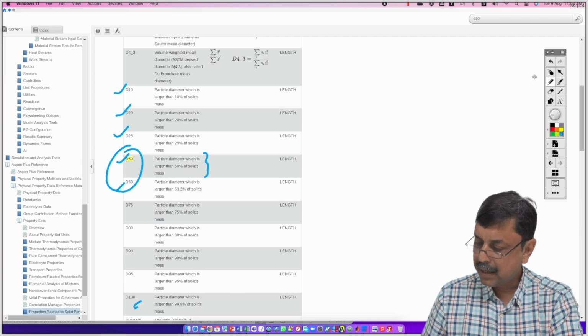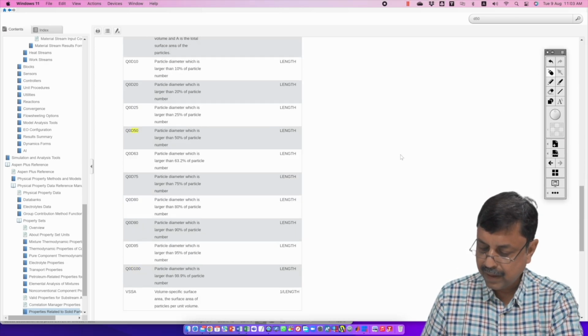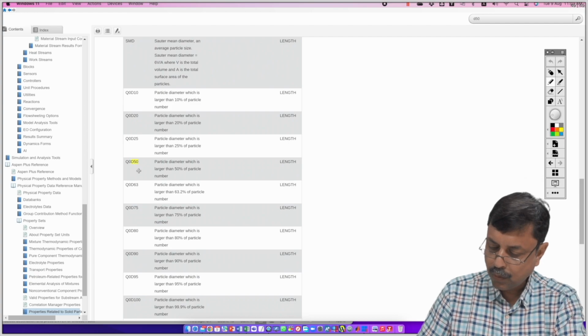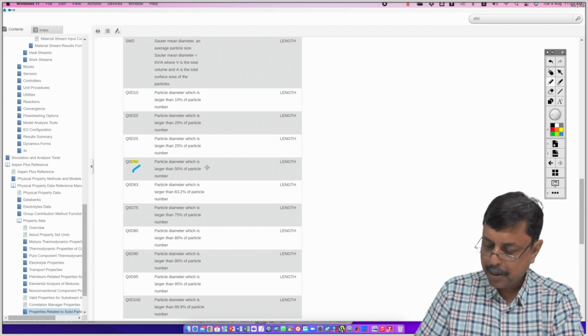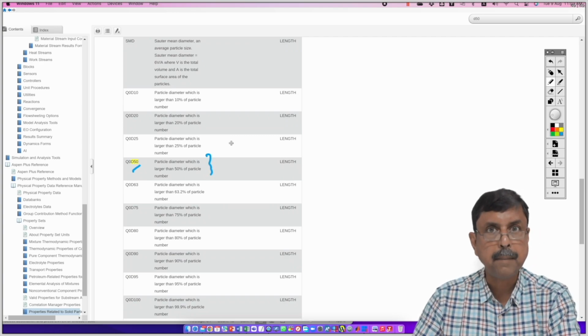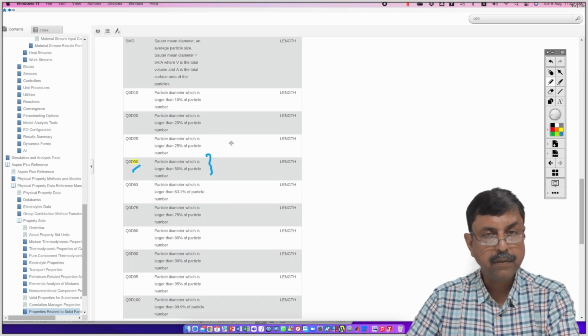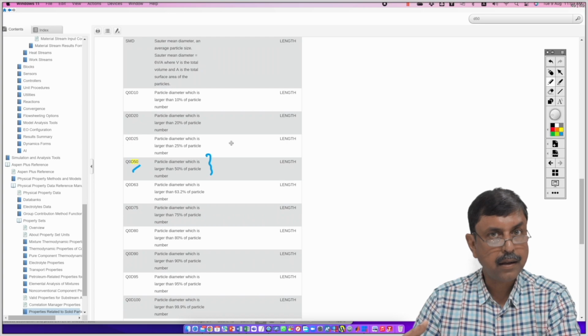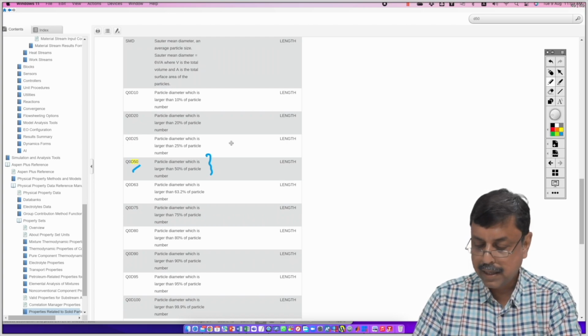So here you will find some more definitions. What is Q0D50? It is the particle diameter which is larger than 50% of particle number. Previously D50 was by particle mass, and here it is number, not mass.